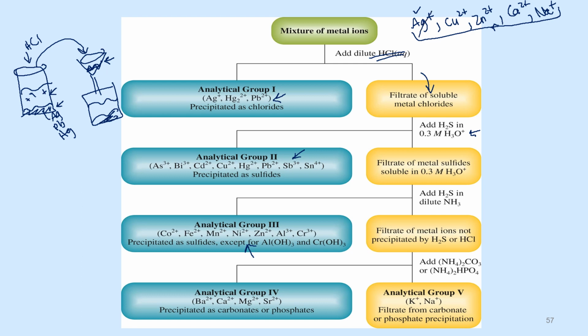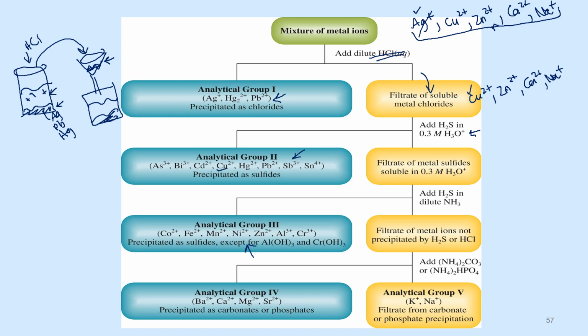Even if silver was present, it's precipitated out, so now we'll just have possibly the copper and the zinc, and the calcium and the sodium. So now we do the next test. We add the H2S in dilute acid. What happens if we get a precipitate at this point? We probably have copper.